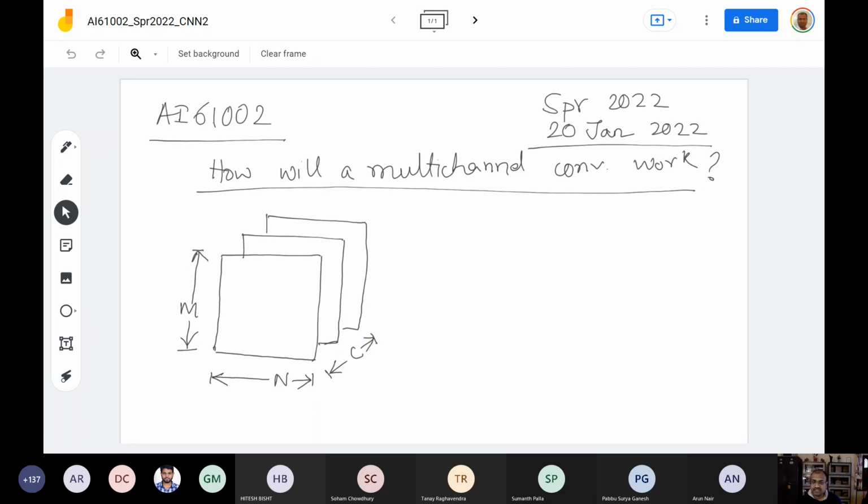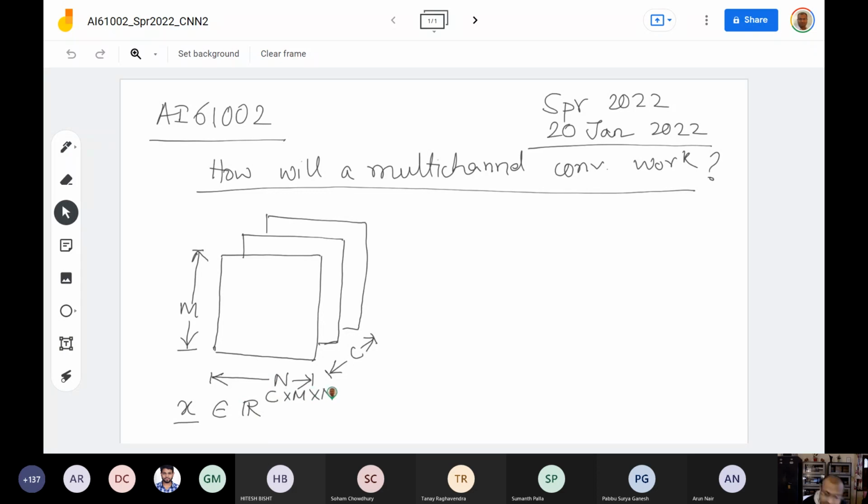Channels means how many 2D matrices make up this kind of 3D tensor. So here I call this my input X, and this X belongs to R power of C cross M cross N.